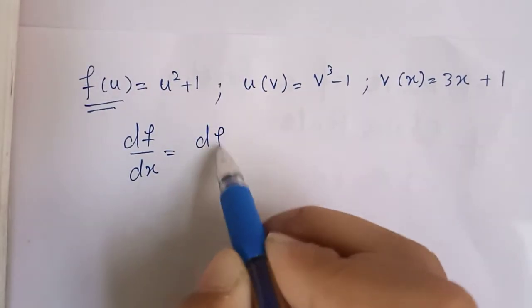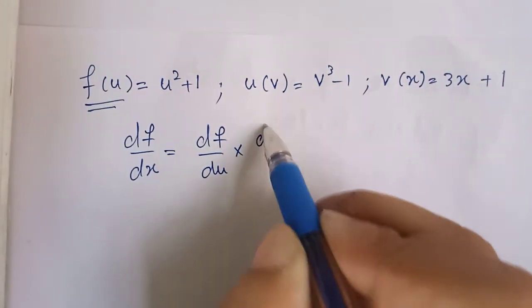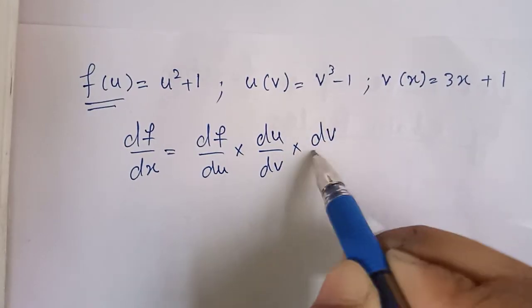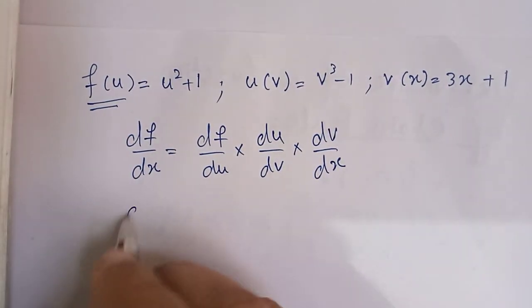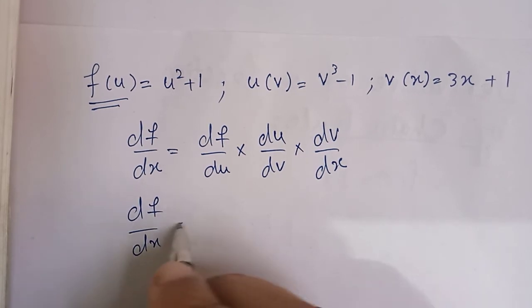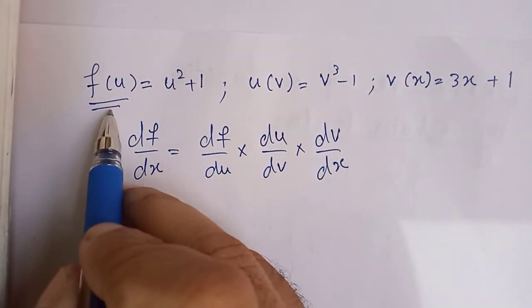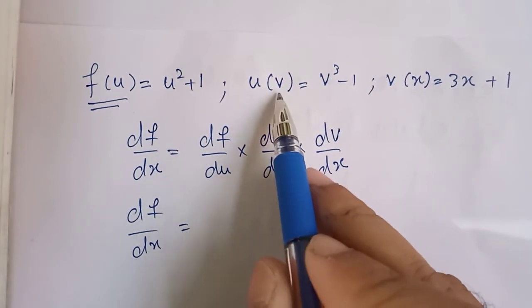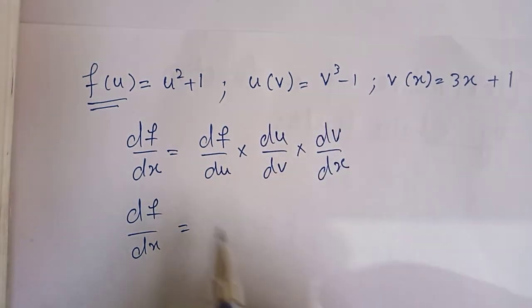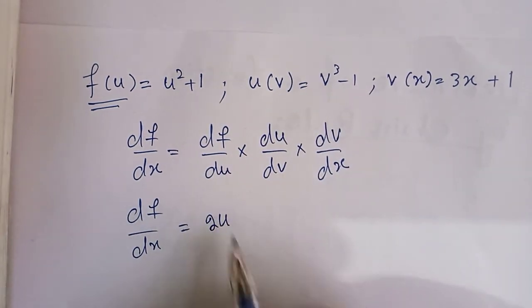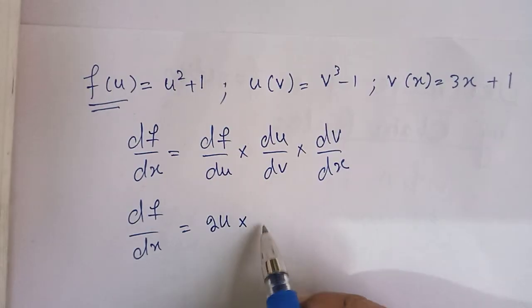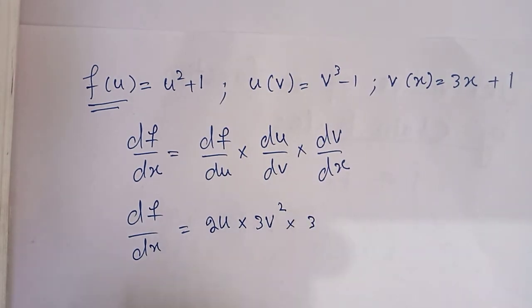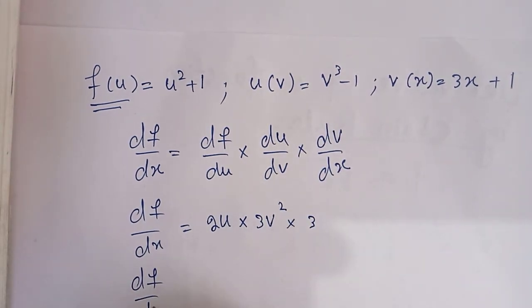First you need to differentiate f with respect to u, then u with respect to v, because u is dependent on v, and then v with respect to x. So df by dx, this is actually a composite function. In u there is another function v in the domain, so that will be 2u multiplied by the derivative of v cube minus 1, which is 3v square, and the derivative of 3x plus 1 is 3. So this is df by dx.